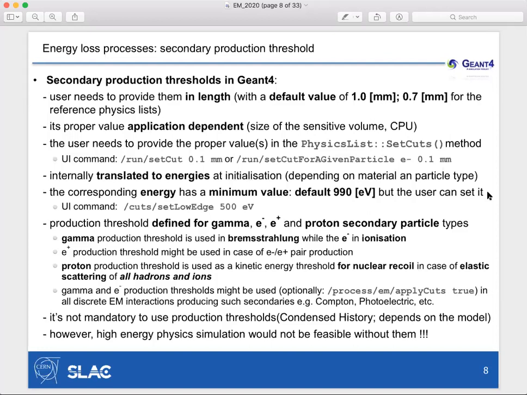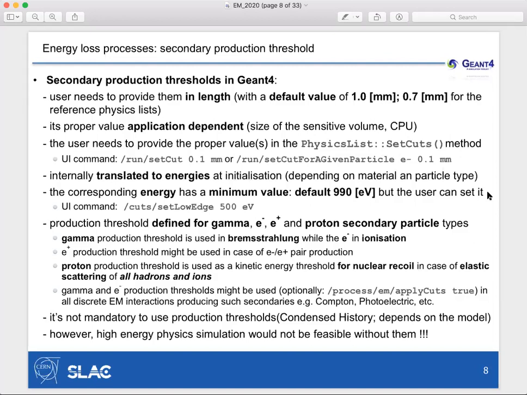So you as a user need to set the secondary production threshold if you want, because it has a default value of 1 millimeter. And in the reference physics list, actually it's 0.7 millimeter in length. And when the application starts and your detector is constructed, so we know what kind of materials you have, then the length given by the user is automatically translated inside Geant4 to the given energy value, which is an absorption length or range depending on the particle.